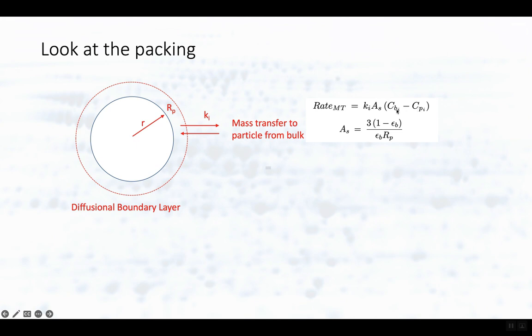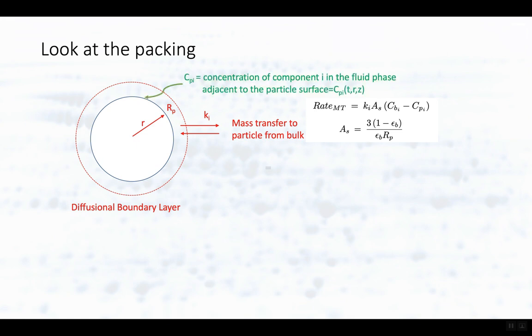And this is our driving force, the bulk minus the surface concentration, so it can be plus or minus depending on whether the bolus is passing by or has passed by. All right, so there's a surface concentration of component I in the fluid phase adjacent to the surface.